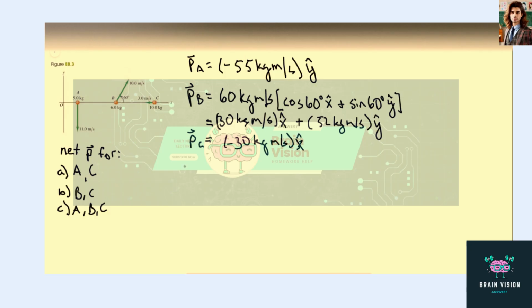So now let's start adding these together. For adding A and C, we see that conveniently A only has a y component and C only has an x component. So we basically just write them next to each other.